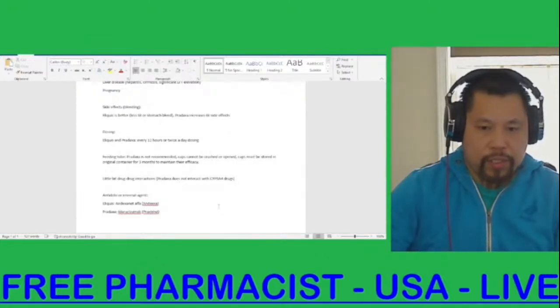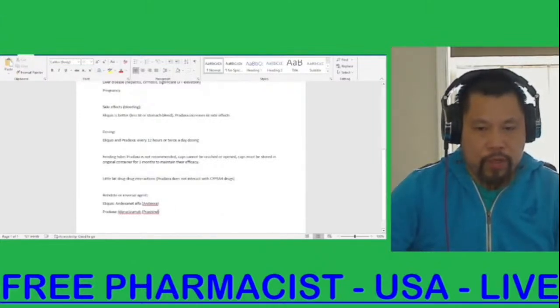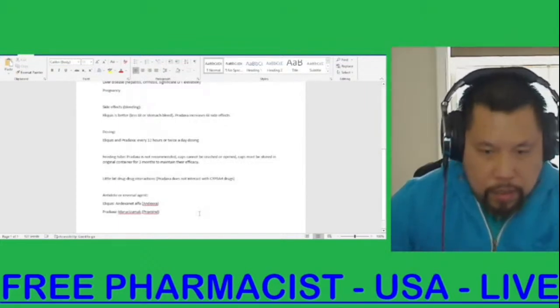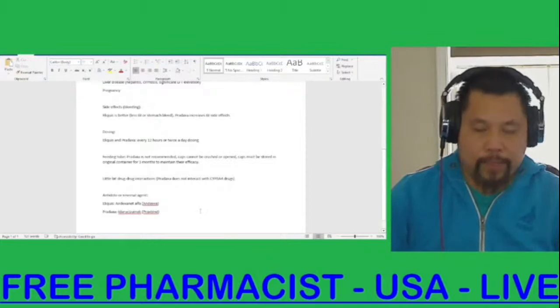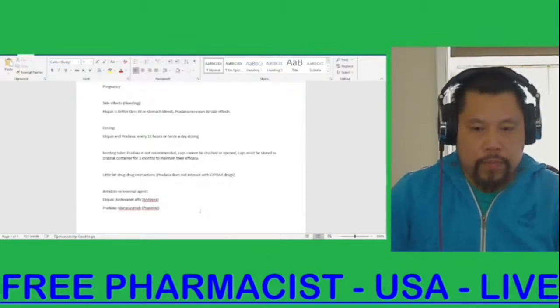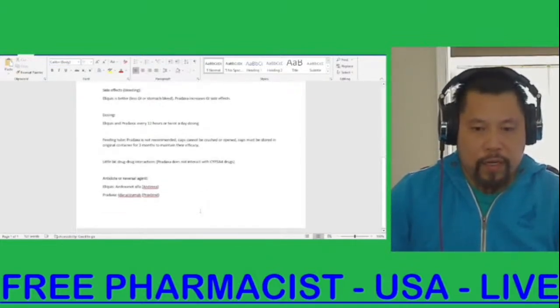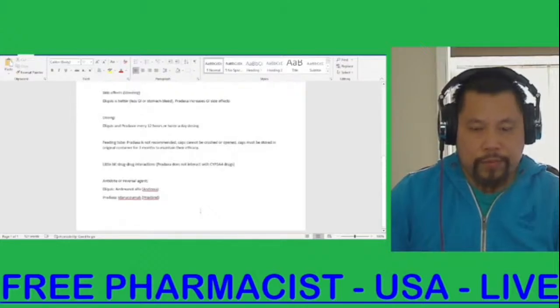The Eliquis has a reversal agent called the andexanet. The Pradaxa has idarucizumab. So they have different antidotes or reversal agents.